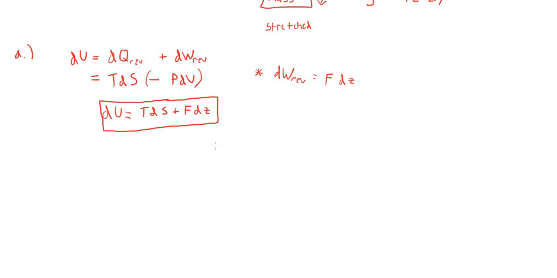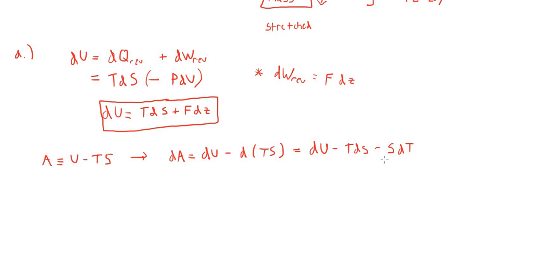So now we're going to try to find an expression for dA. The first thing we're going to do is start off with the definition of Helmholtz energy. Now I'm going to take the derivative of each term. Now I'm going to expand the d(TS) term using the total differential.